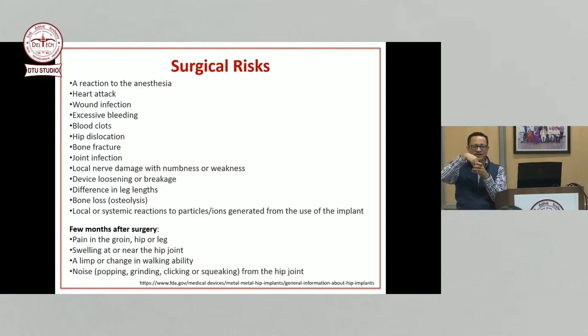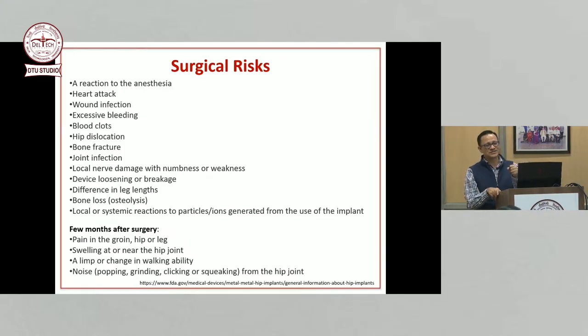Now they have to put a bigger implant. So you can imagine the pain and resurgery and, money-wise, funds, it's a complicated situation for everyone if these get infected. It can cause local nerve damage, numbness or weakness, device loosening.